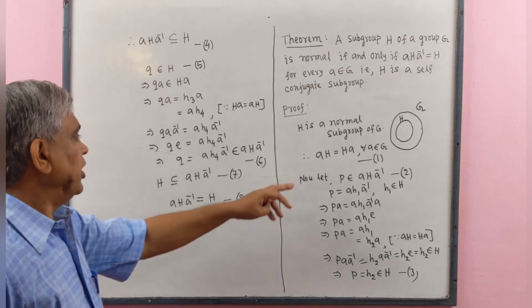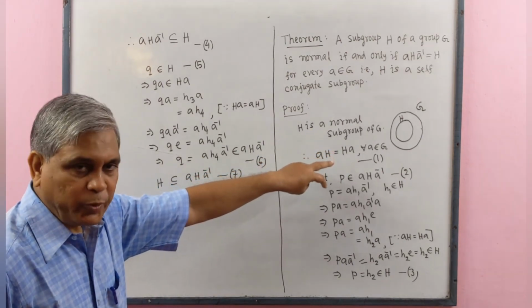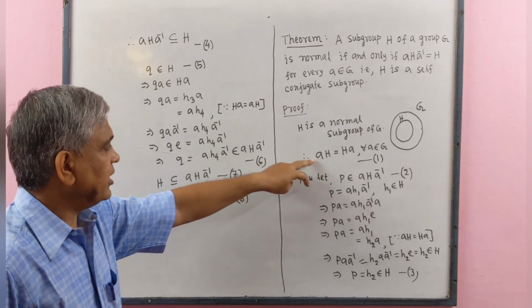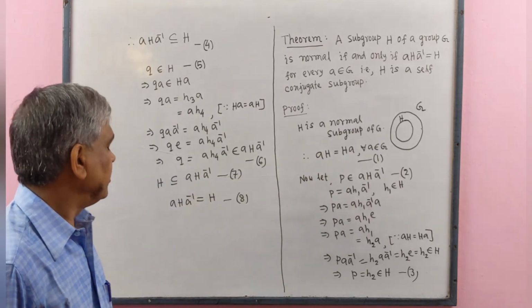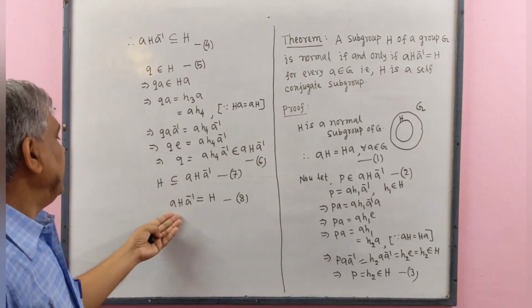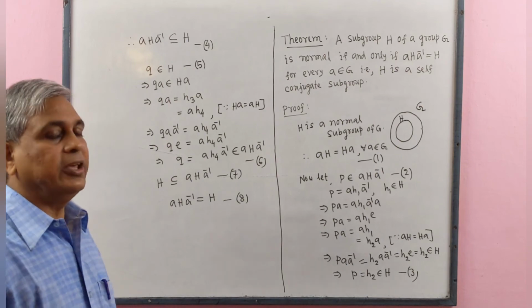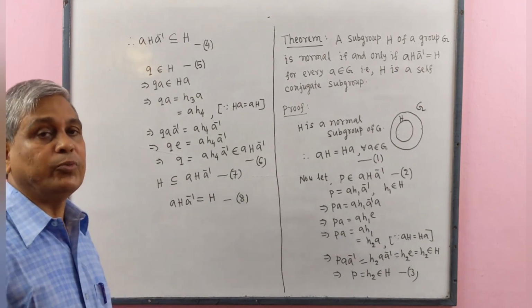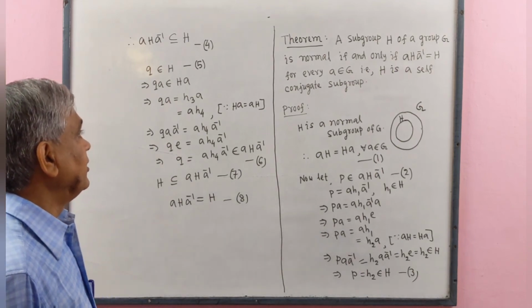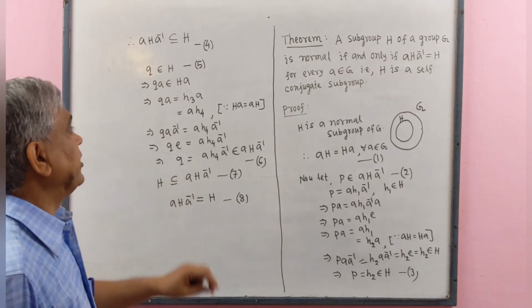Since we have assumed that H is a normal subgroup of G such that AH equals HA, we get the result that AHA inverse equals H. Therefore, if H is a normal subgroup of G, then H is self-conjugate.